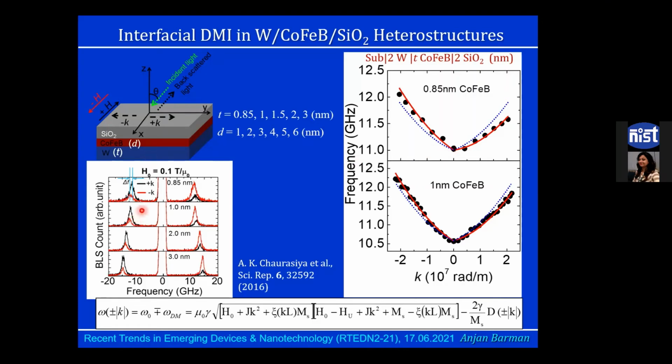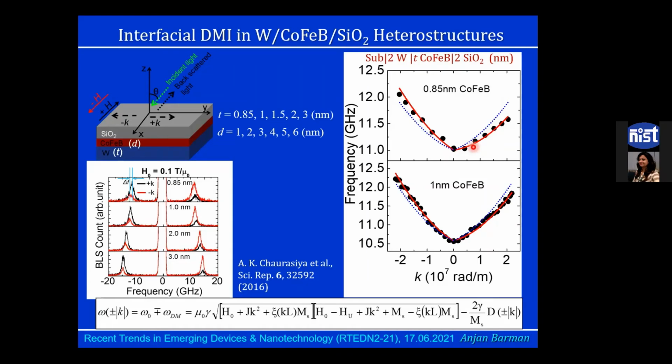Here you can clearly see that when we switch from plus k to minus k, there is an asymmetry. Not only the intensity asymmetry, but the frequency asymmetry is also there, and this frequency asymmetry is known as delta f. If we plot the full dispersion as a function of k, instead of this dotted line, which is a symmetric dispersion, you have an asymmetric dispersion like that.